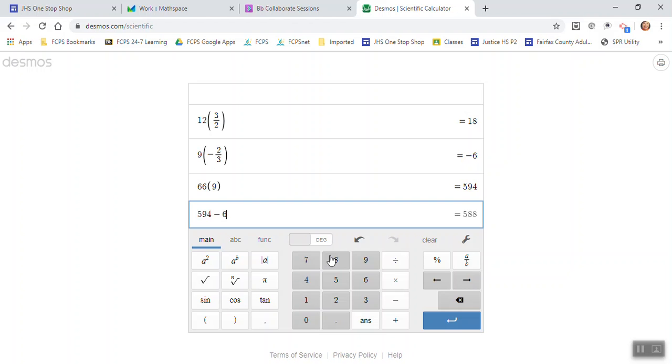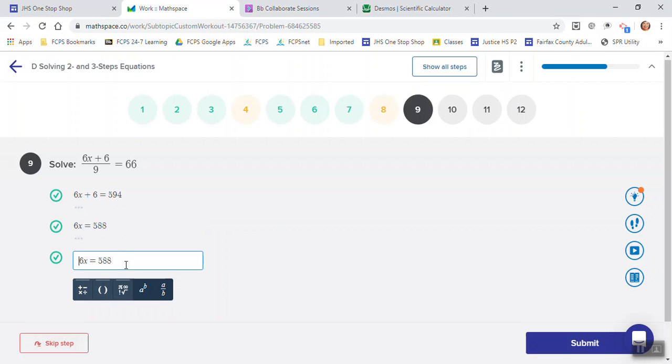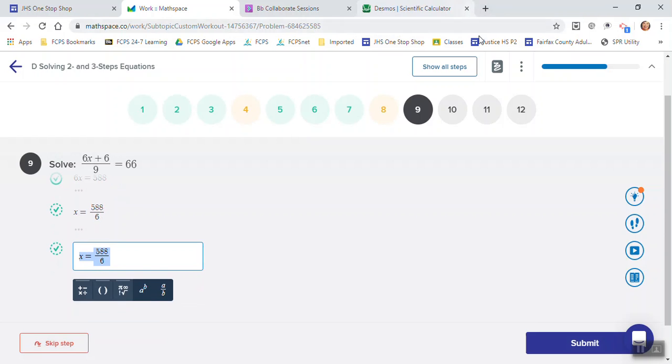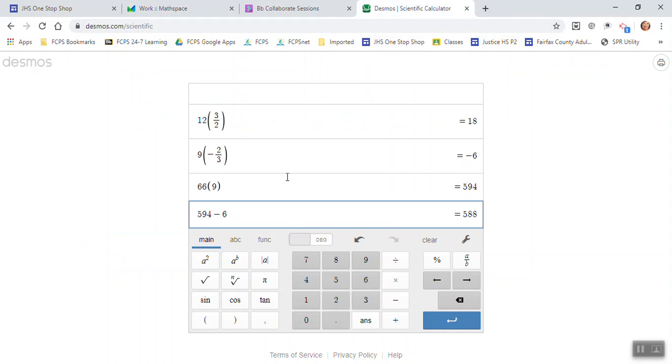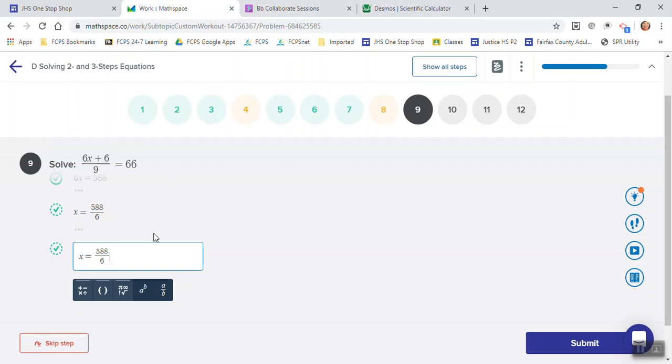And then the last step is divide by 6. 588 divided by 6 is 98. So that is the final answer. So here you are going to say 98.